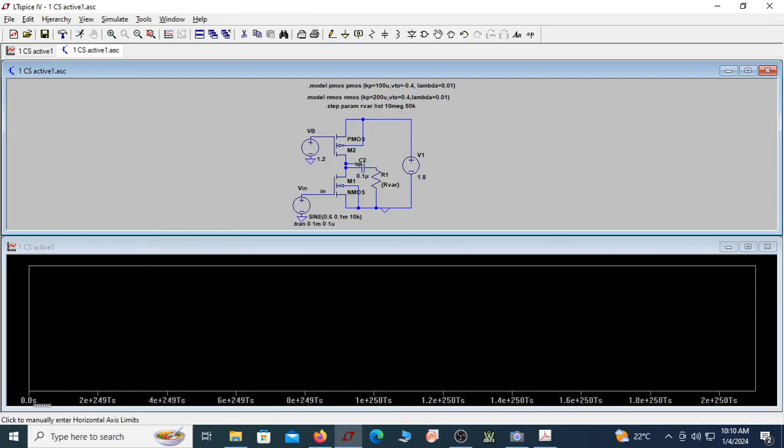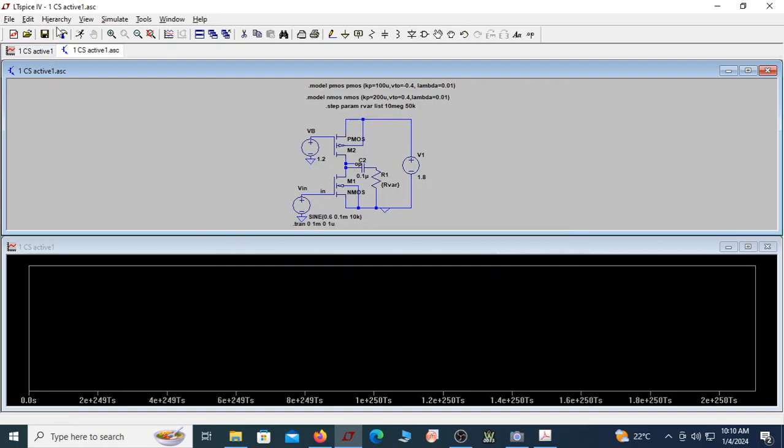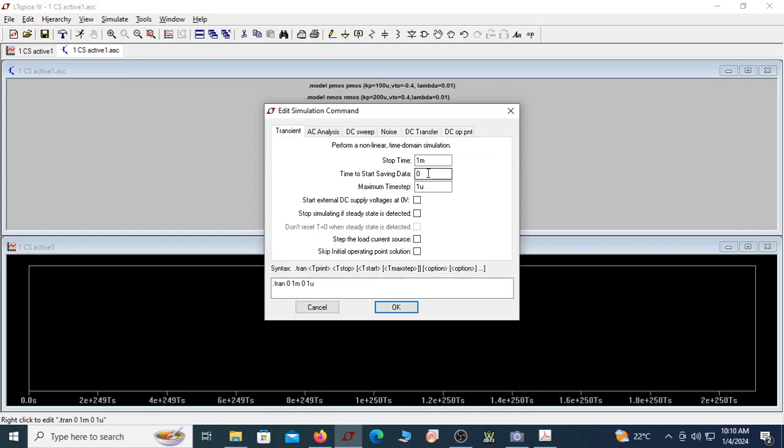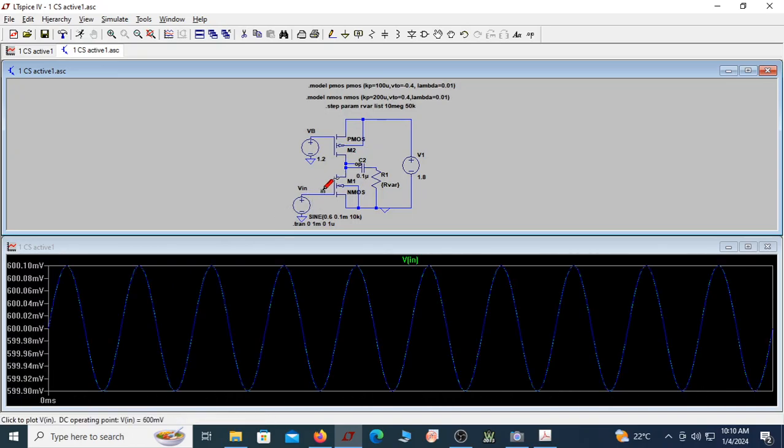Now you can see I have this. Let me see what happened. Let me go back there. Okay, if I run it now, let me see my sine wave.